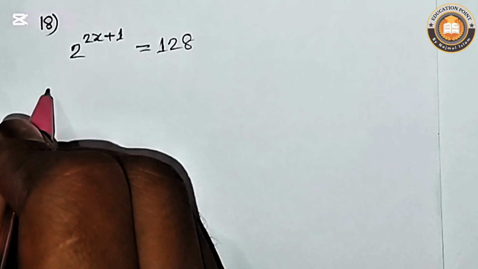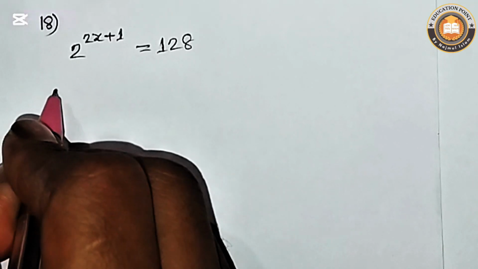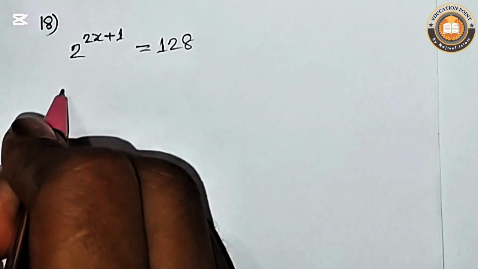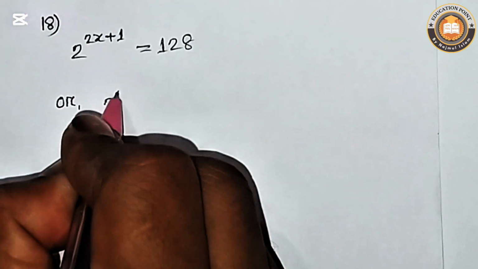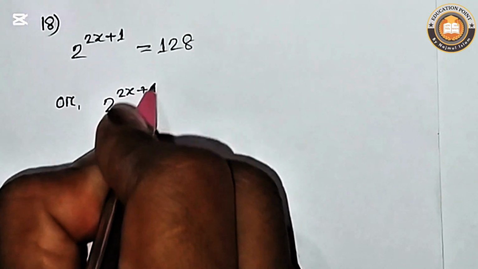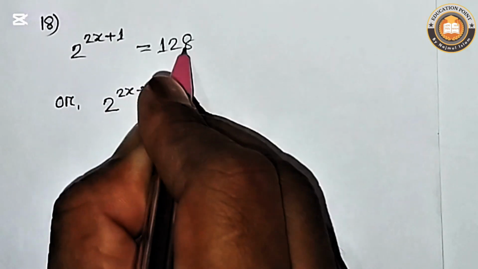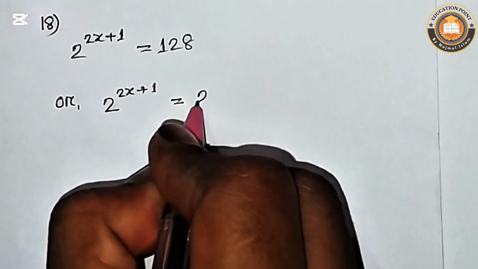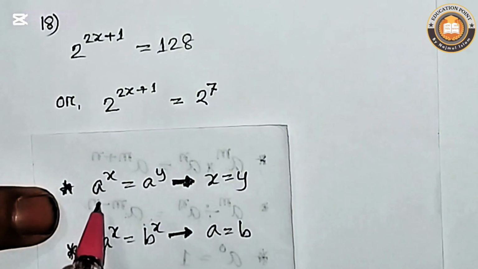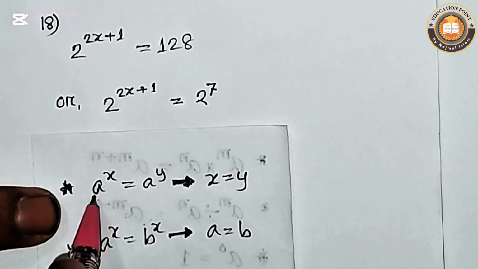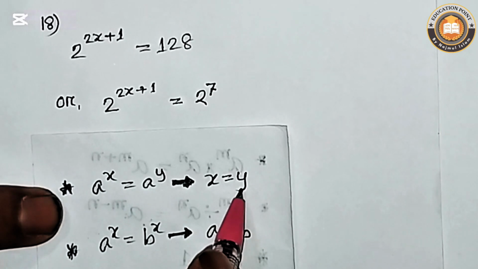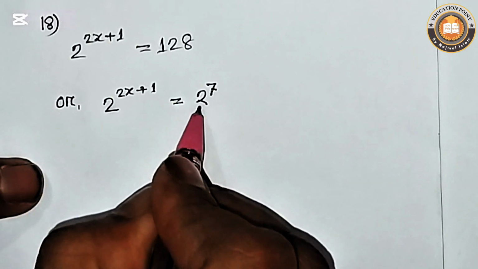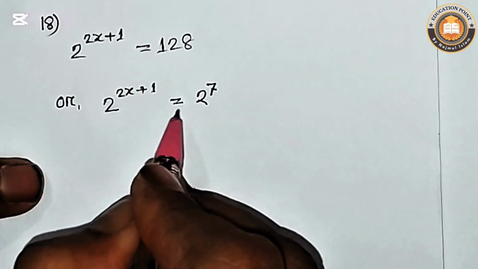Question number 18. 2 power 2x plus 1 equal 128, or 2 power 2x plus 1 equal 128 modified as 2 power 7. Here we will apply the formula of a power x equal a power y, that means x equal y. Here similar base 2, the base is reduced.